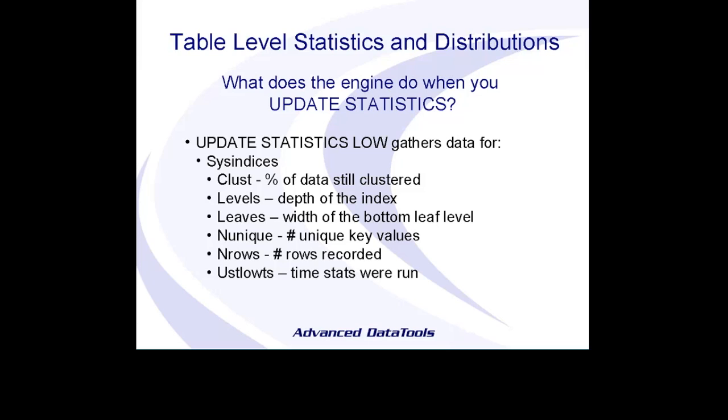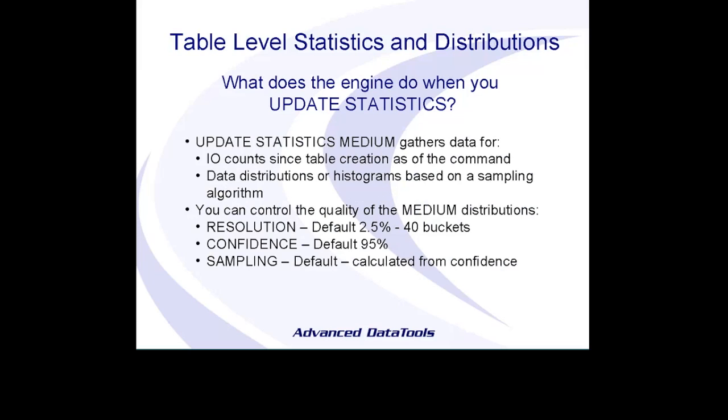When you run an update statistics medium, you gather additional information. Okay, it keeps track of the I/O count since the table was created as of the time that the update statistics command was run, and it also calculates data distributions and histograms.